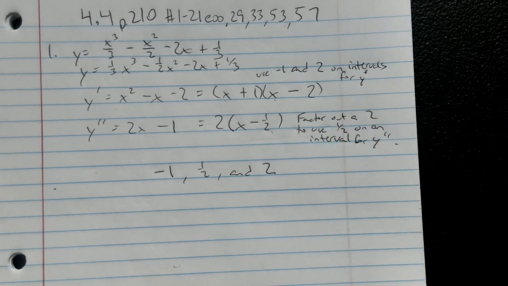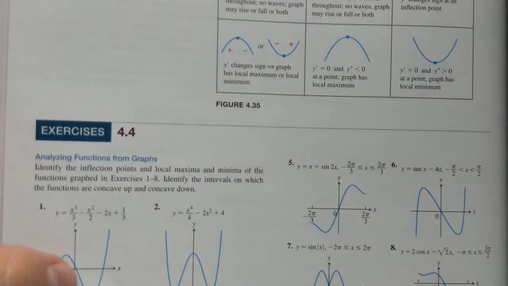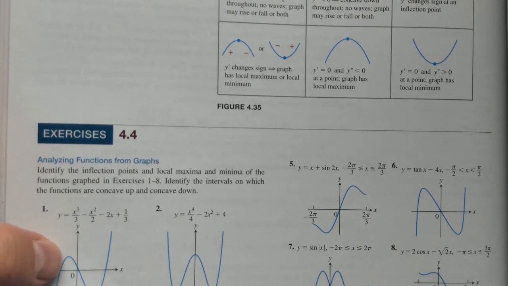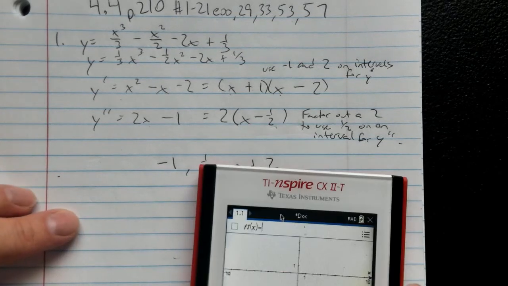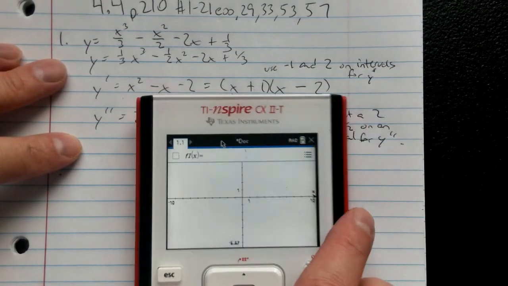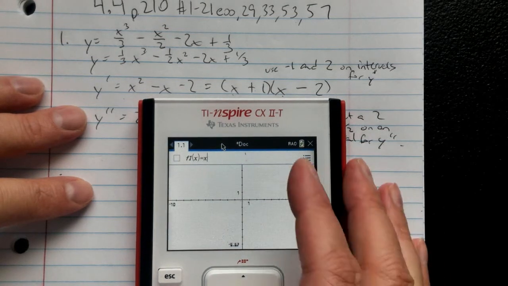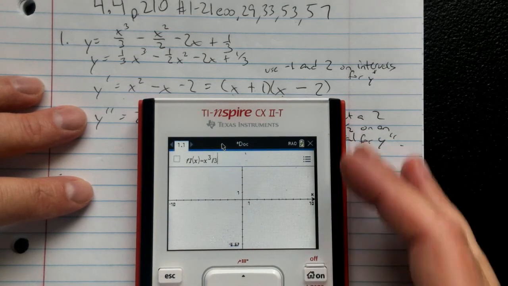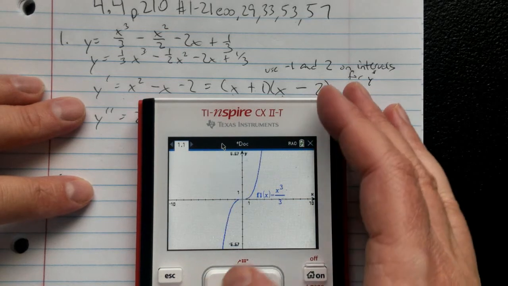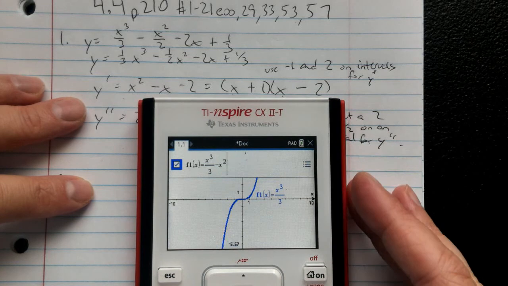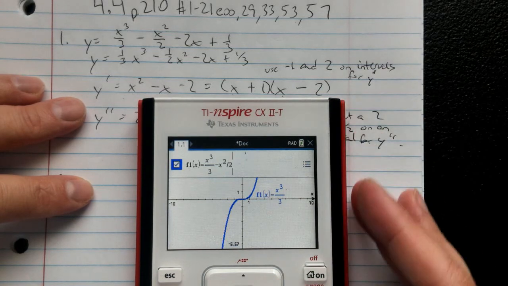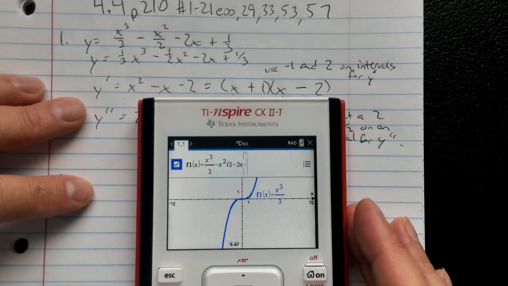When we look at the graph, the negative 1 gives you the maximum. And we can do this on the calculator also. We have x cubed over 3 minus x squared over 2 minus 2x plus 1/3.